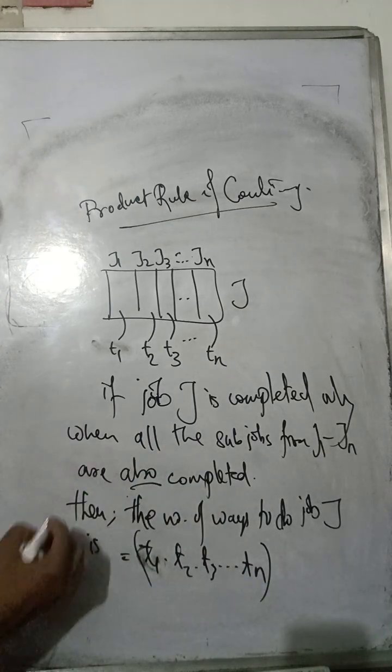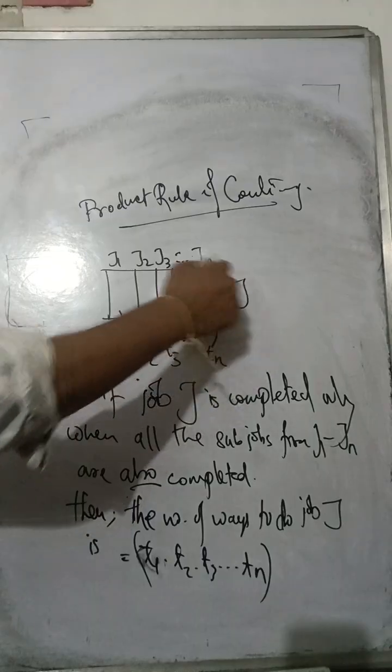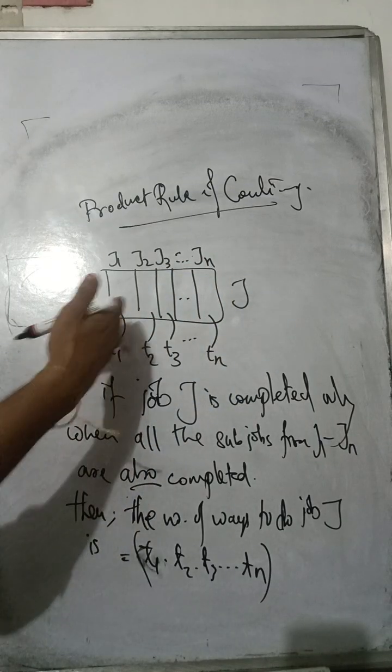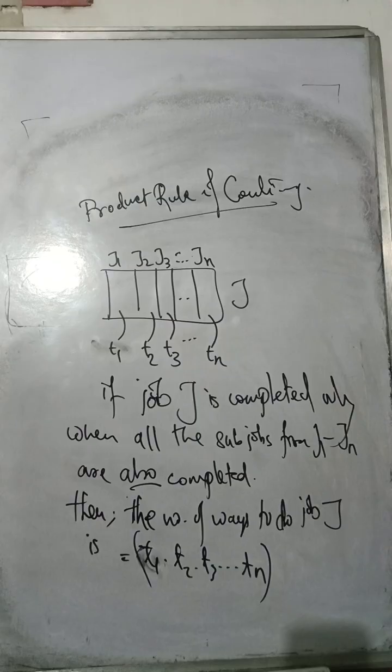So the number of ways to do the entire job is the product of the number of ways you can do the subjobs.